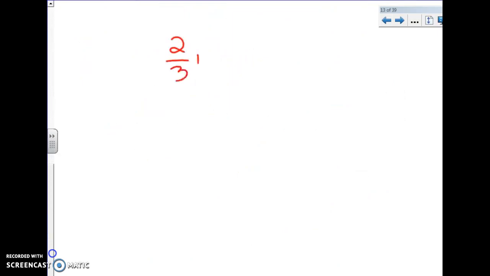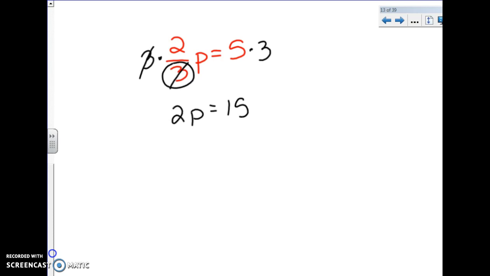So this is the 2-step approach that some of my students like better, and what's happening is p is being multiplied by 2 and then divided by 3. So the first thing I could do, if you want to do this in 2 steps, is I can multiply both sides by 3. That's clearing the denominator first. My 3's cancel. So I have 2p equals 15.